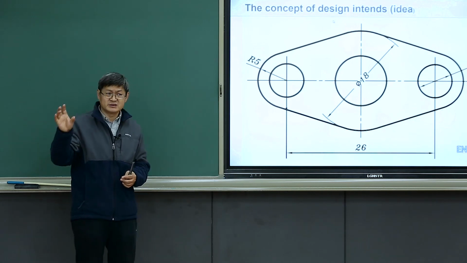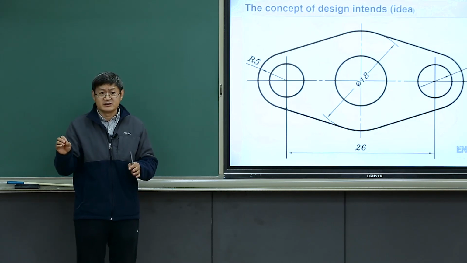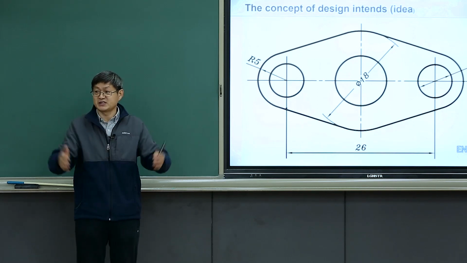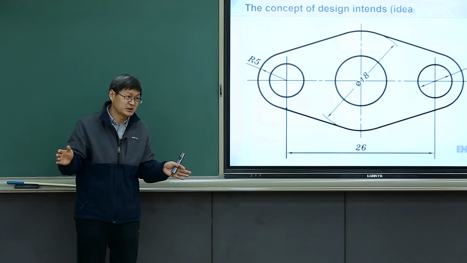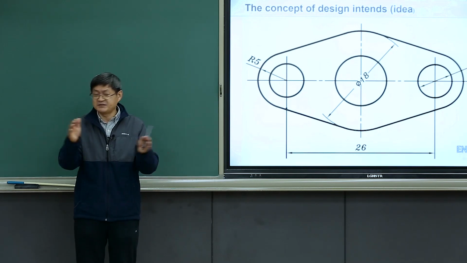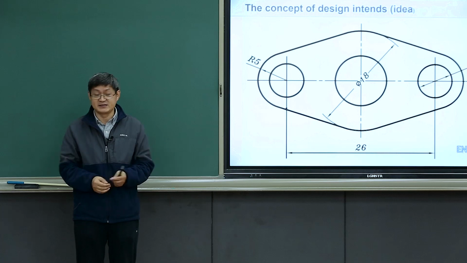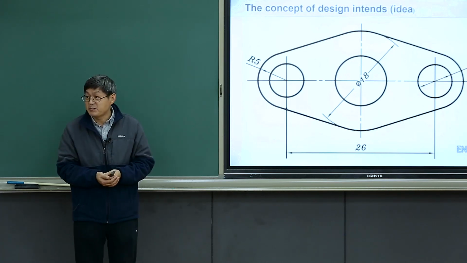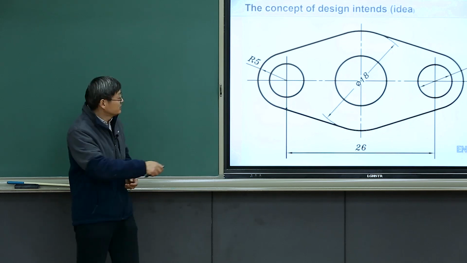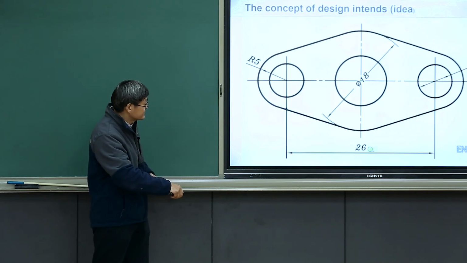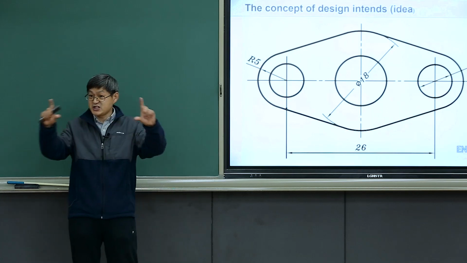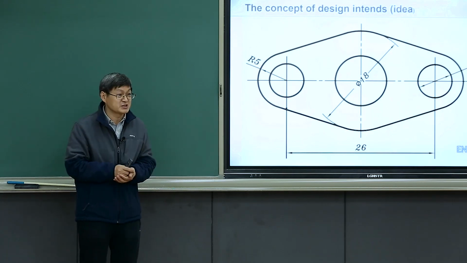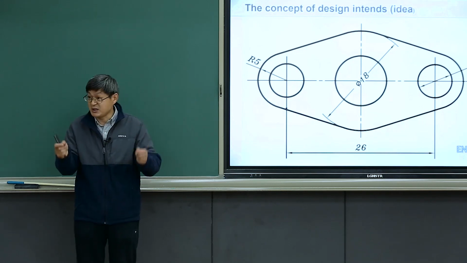And in the real design, maybe we define the shape at the first step. We do not need to change it. But the size, after that we need to adjust, like to match with the other part. If we adjust the size, the shape of the profile, the shape of our part shouldn't be changed accordingly. I mean the shape, not the size.